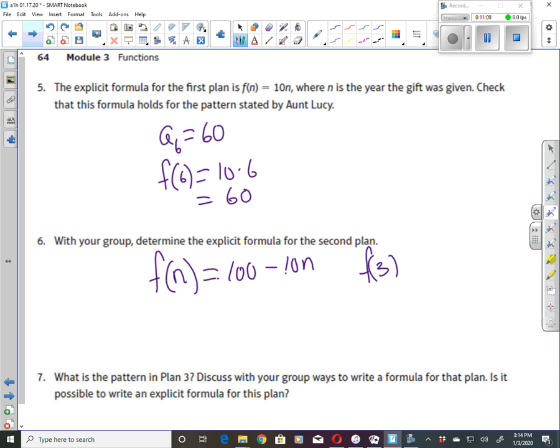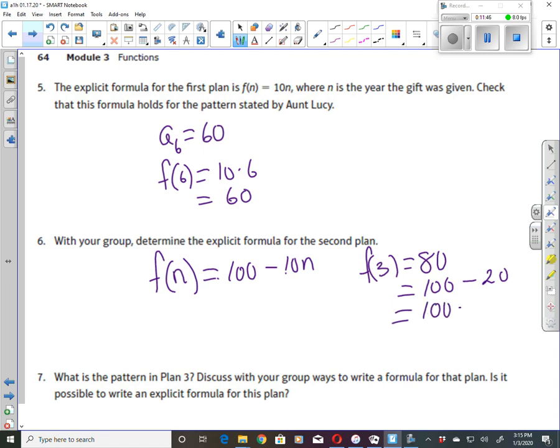Now I know f of 3, the third year, is going to be $80. First year being 100, second year being 90, third year being 80. So the question is, if I'm starting with $100, I've got to subtract 20. So how do I get 3 to be 20?